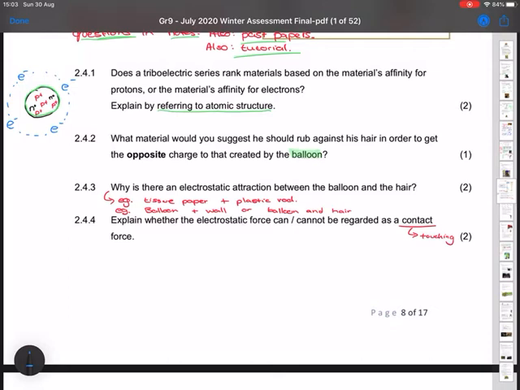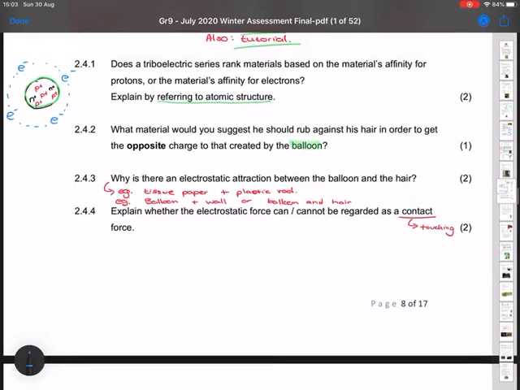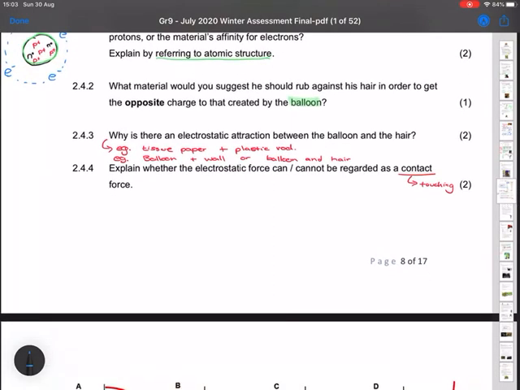The hair lost electrons to the balloon, and if you lose electrons, you're going to become positively charged. So the balloon was negative, the hair was positive, and according to the law of electrostatics, opposite charges attract. So if you've got the positive hair and the negative balloon, they're oppositely charged, and opposite charges attract according to the law of electrostatics.